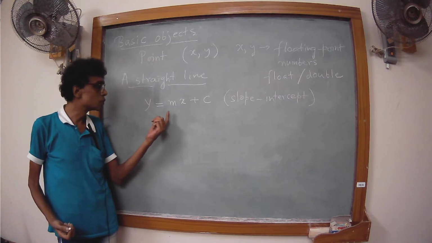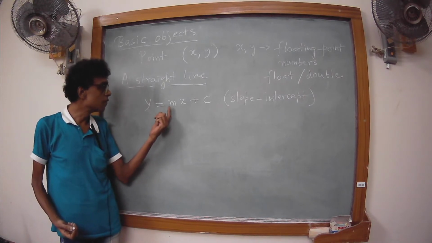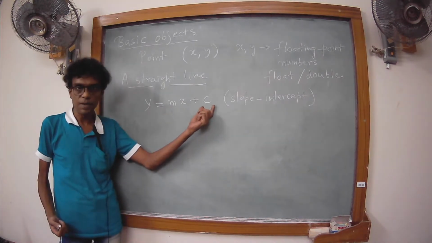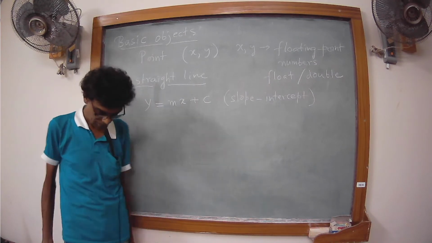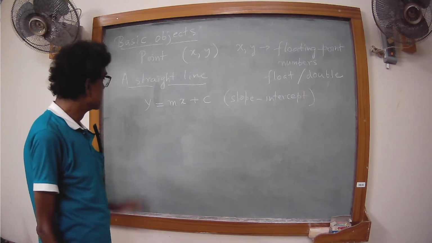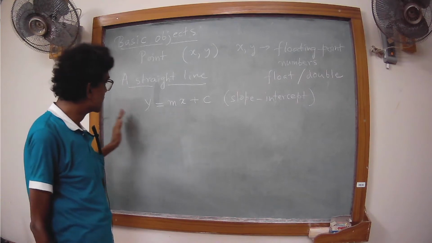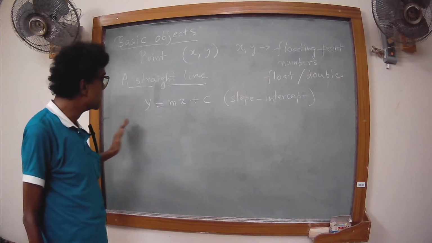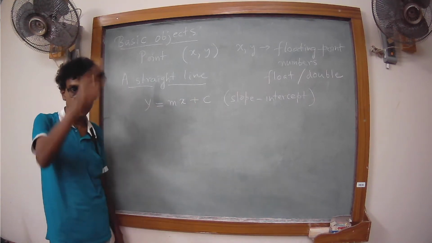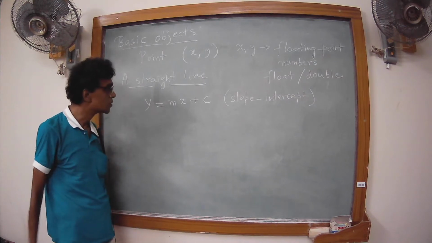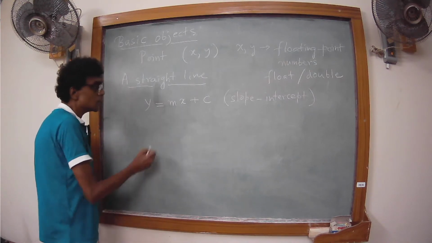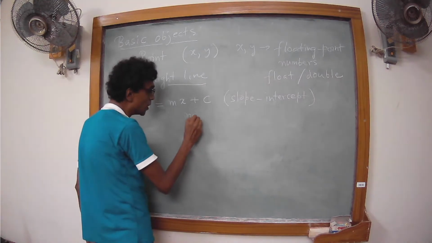You only need to store two floating point values, the slope and the intercept, M and C. Unfortunately, this equation cannot represent a vertical line whose slope is infinity. So, this is only for non-vertical lines.